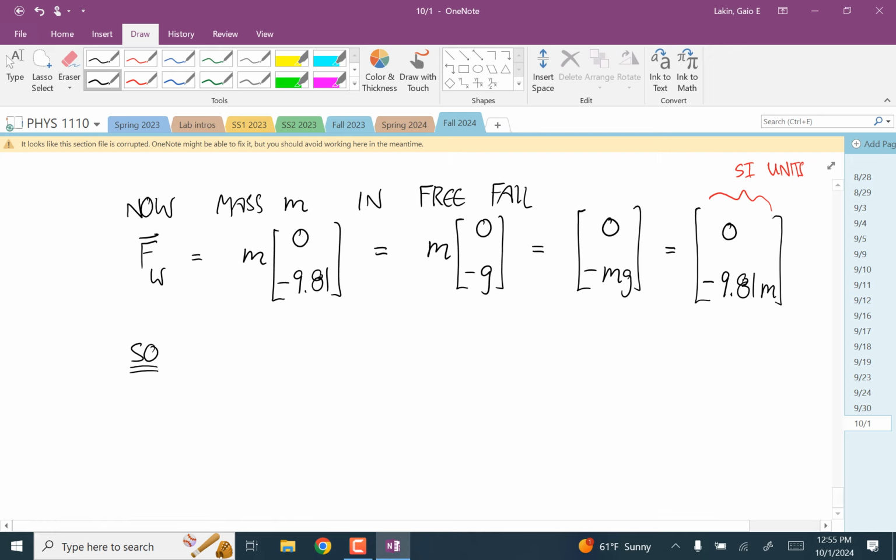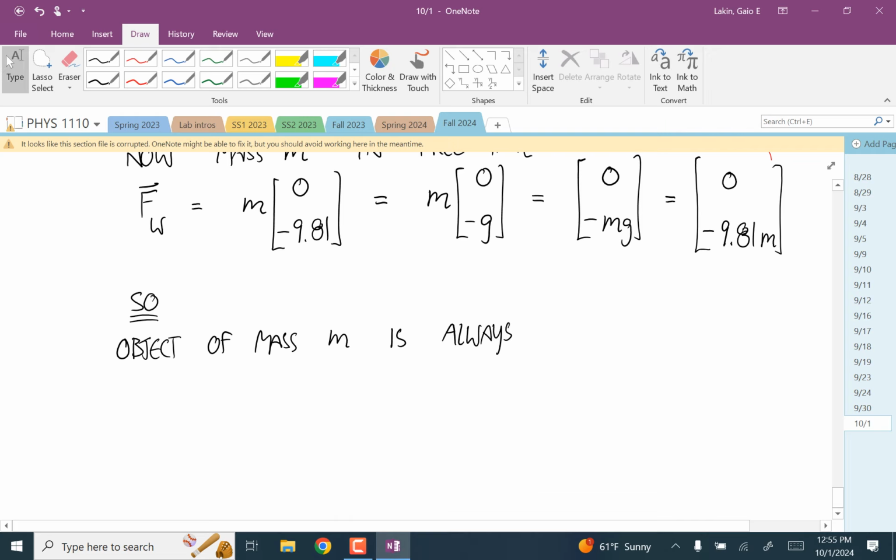Okay, so what we found out is an object of mass m is always acted upon by a force mg down.